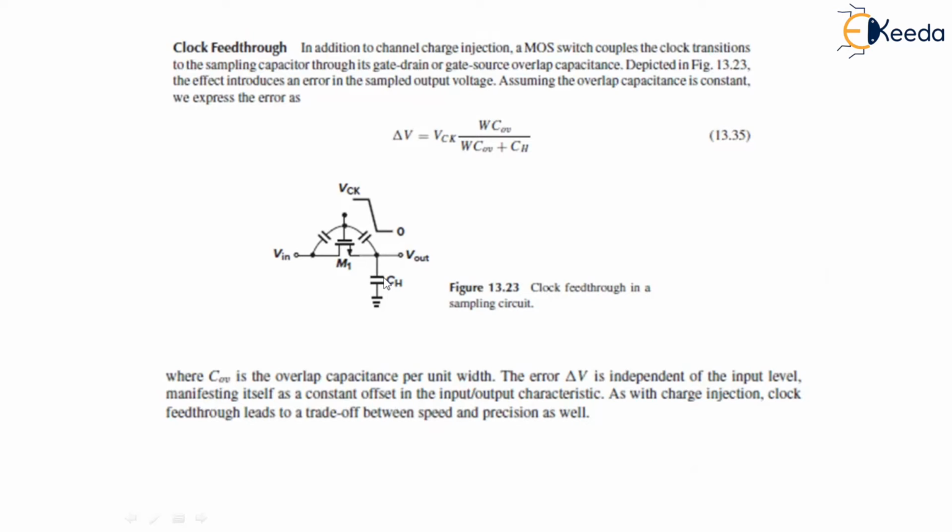Assuming the overlap capacitance is constant, the error is ΔV equals VCK·W·Cov over (W·Cov + CH), where Cov is the overlap capacitance per unit width. As with charge injection, clock feedthrough leads to a trade-off between speed and precision as well.